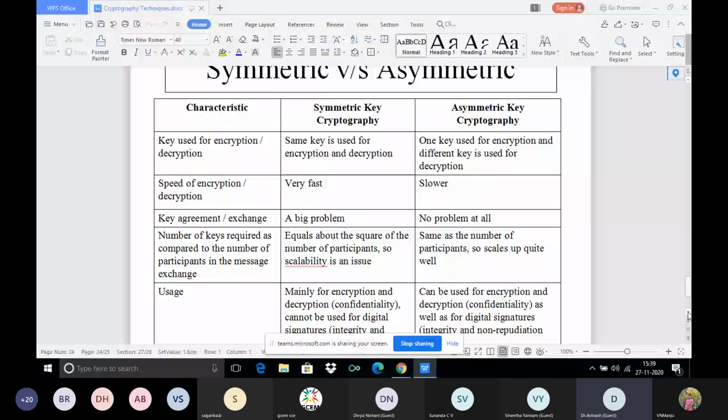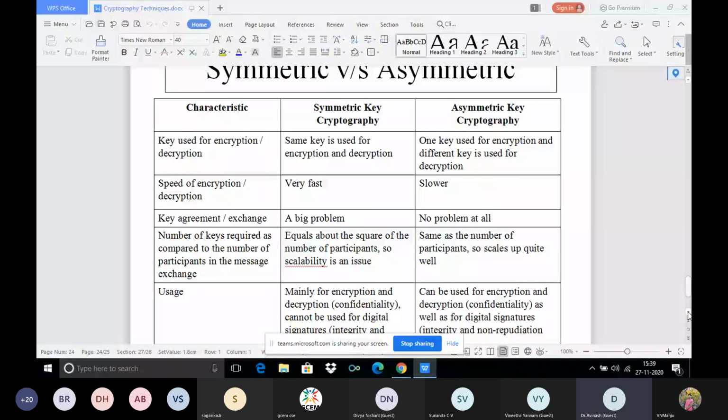But in case of asymmetric key cryptography, there is no problem at all. Why? Because both A and B, the sender and receiver, generate their own keys based on some prime number and the algorithm, and then they exchange it. So there is no problem of key agreement or key exchange in asymmetric key cryptography technique.